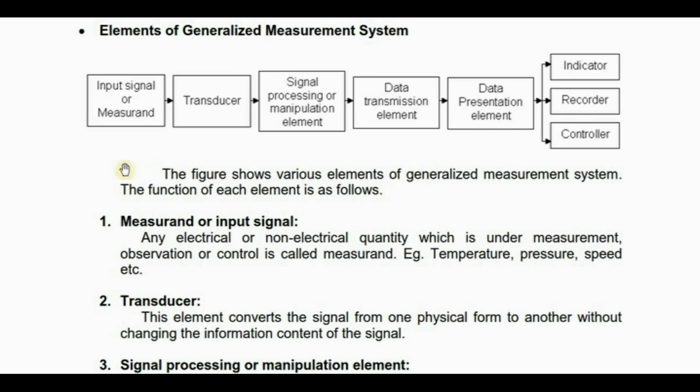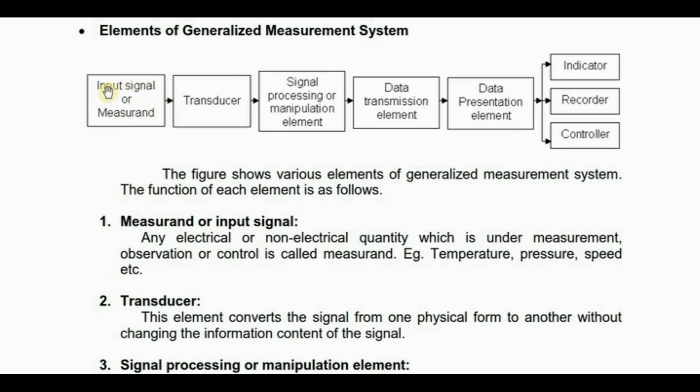Now, as you see in this block diagram, we can say what the different blocks present in a measuring system are. As you see here, the first block shows the input signal or measurand. Means it is the parameter or quantity that you are going to measure.